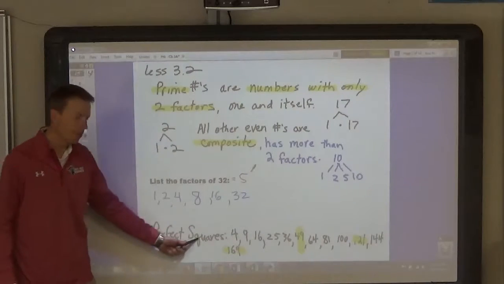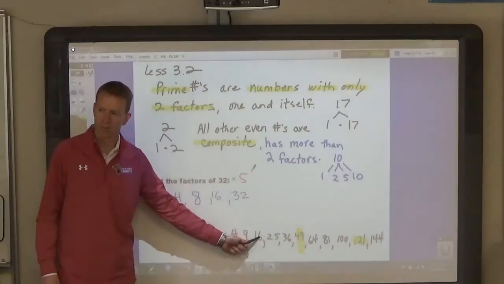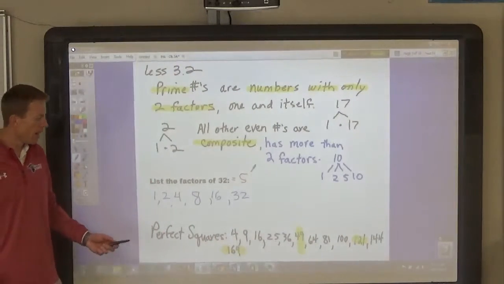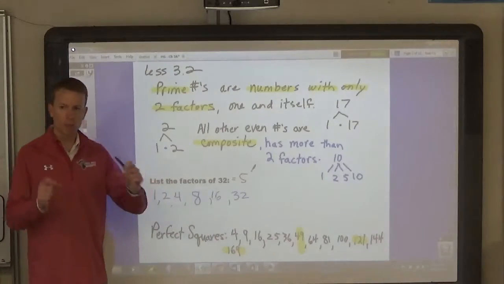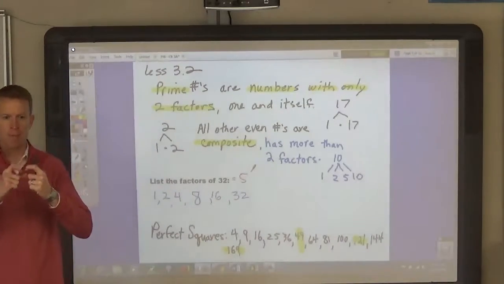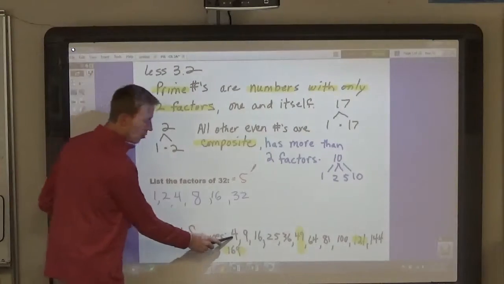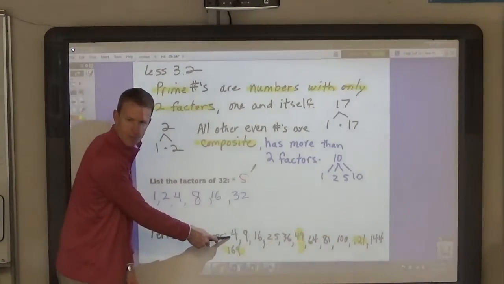These numbers are called perfect squares. Okay? A perfect square is a number that is found by multiplying a factor times itself. So, 2 times 2 makes what? 4.